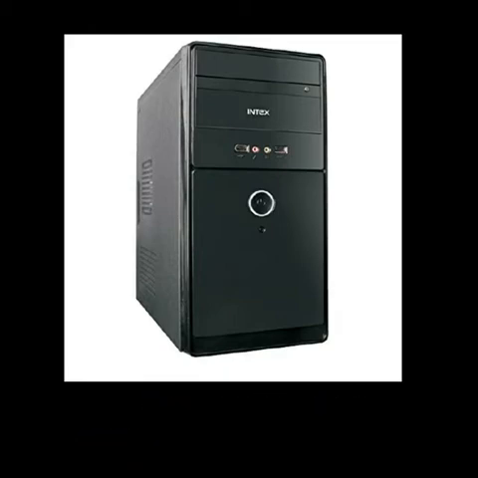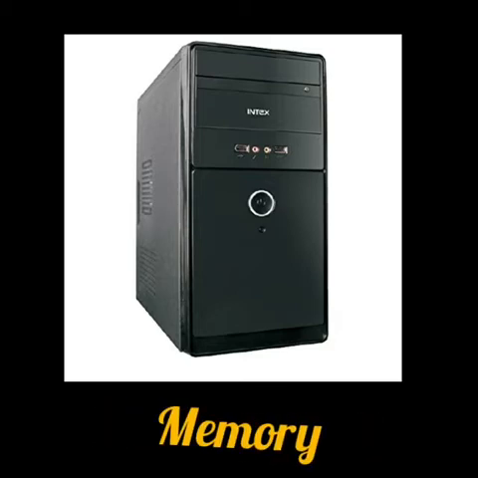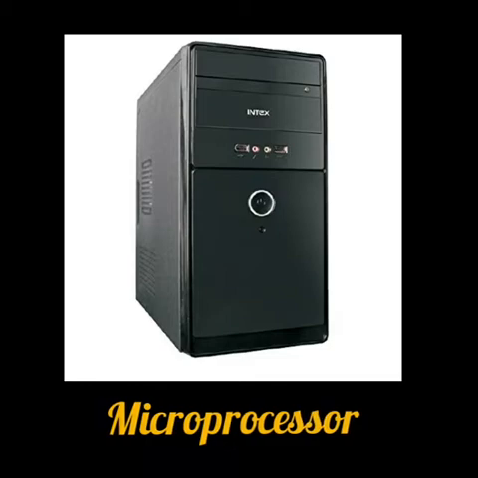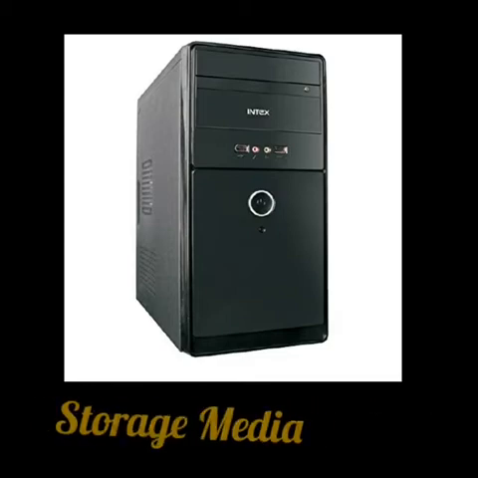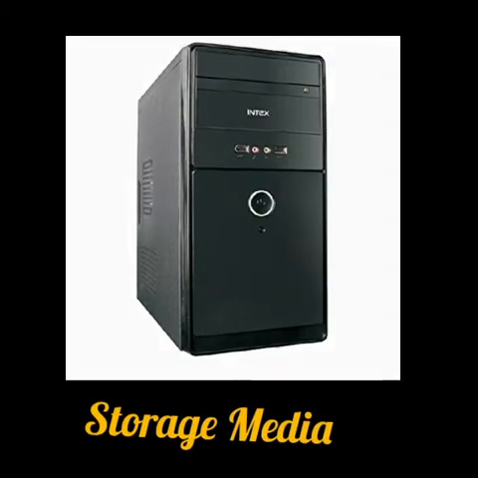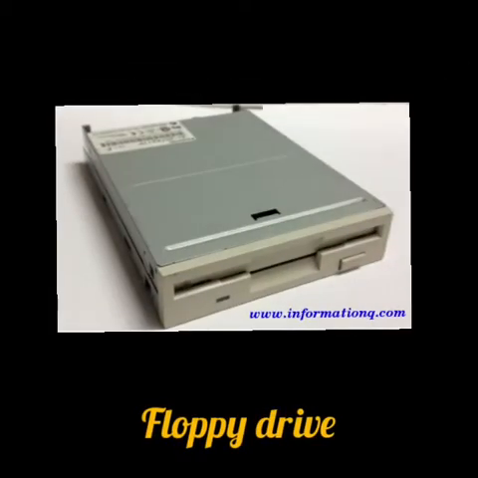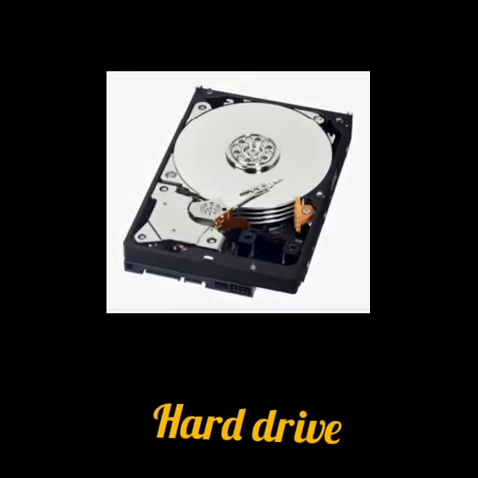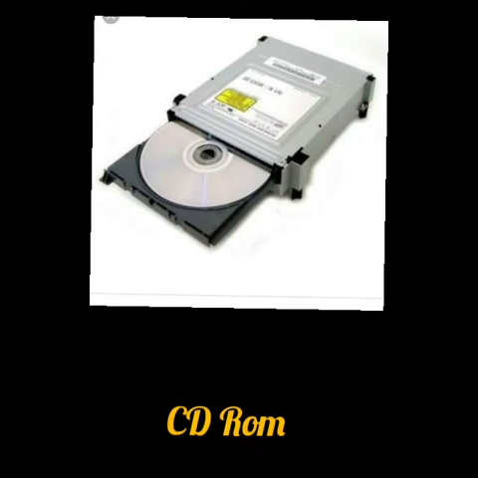It is complicated, performing many functions simultaneously. The CPU box comprises of the main circuit board, memory, microprocessor, input-output channel and storage media like floppy drive, hard drive, CD-ROM, etc. Thus all the working is done in the system unit.